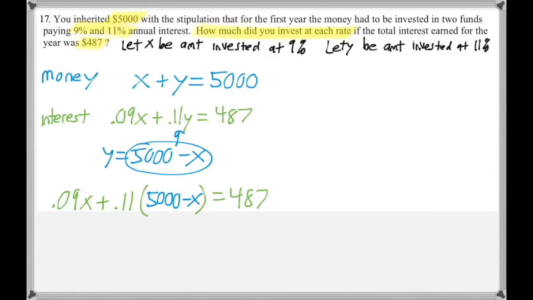So then I need to simplify. And then I want to combine like terms. And these are decimals, but you can work with decimals on the calculator.